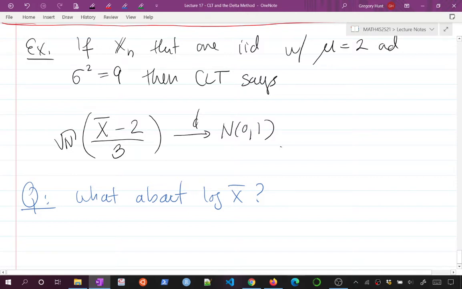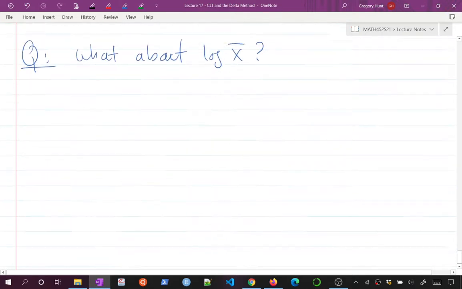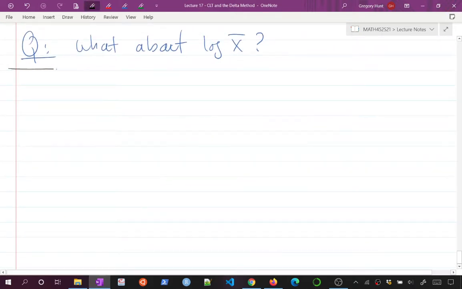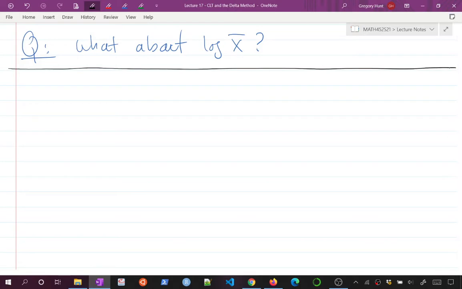This is what is known as the delta method. The delta method is going to allow us to talk about functions of X bar, and basically allow us to use the CLT not only to say things about X bar, but about any slightly nice enough functions of X bar.